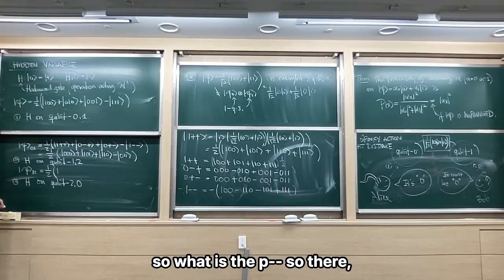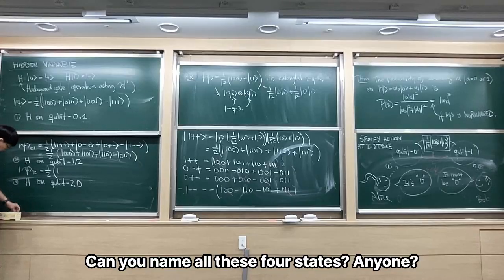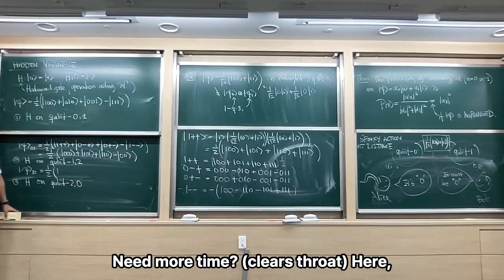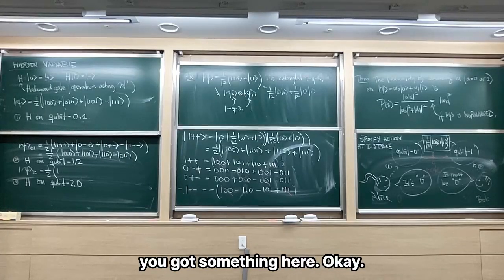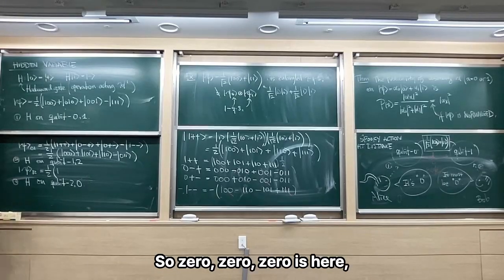All right. So there are 4 states. Can you name all these 4 states? Anyone? Need more time? Okay, you got something here. Okay. So what's the state? So 000 is here.